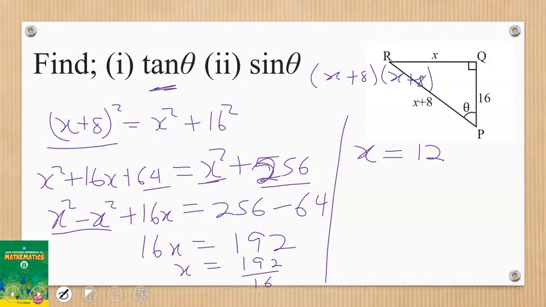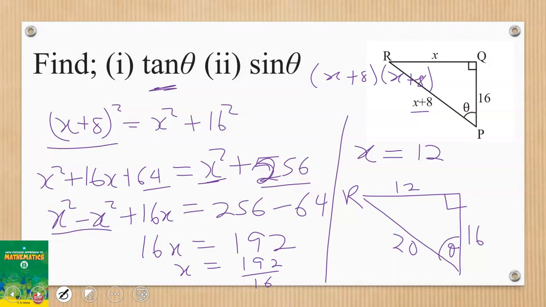Which presupposes that our diagram can be redrawn as, here we have 12, hypotenuse will be 12 plus x, which is 20, and then our side here becomes 16, which our theta also represents like this. So now what is tan theta?